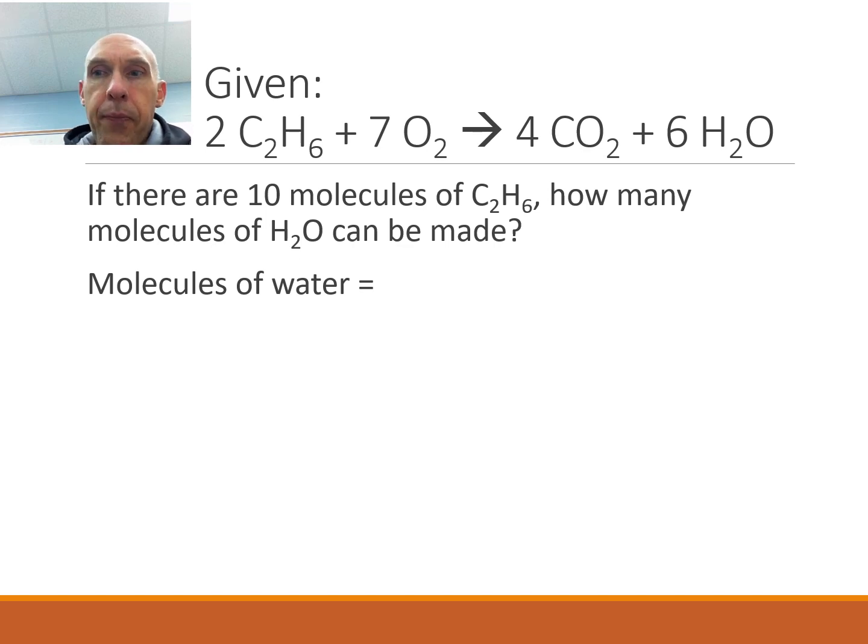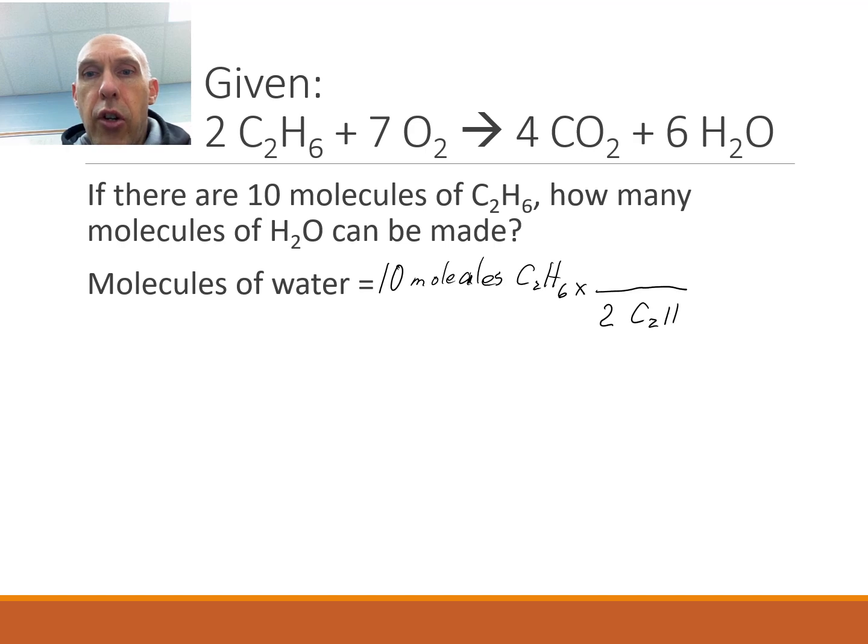We have 10 molecules C2H6 times, then we're going to use the ratio of 2 of the C2H6, and because we're looking for water, I go to the reaction and find that there are 6 H2O.